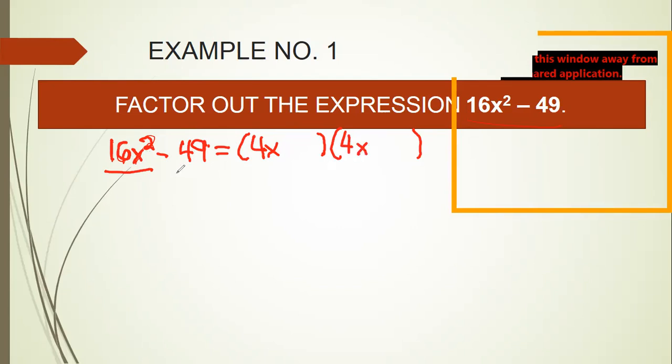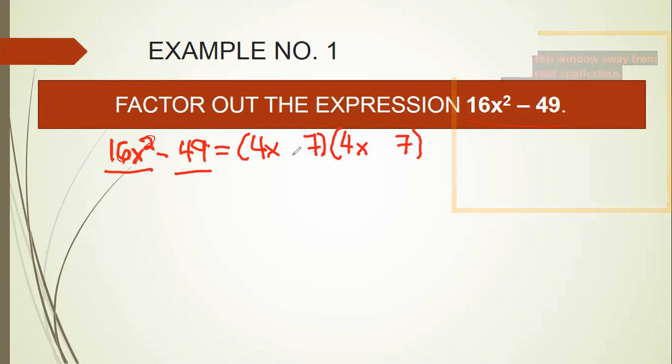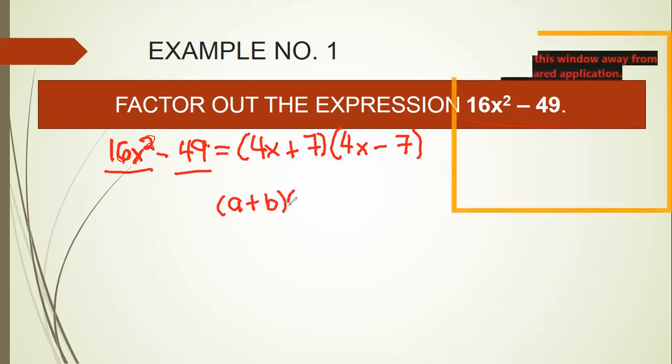So how about 49? How are we going to factor 49? That's both 7. Of course, one has to be positive and the other one has to be negative, because our expression a plus b and a minus b is equal to a squared minus b squared.